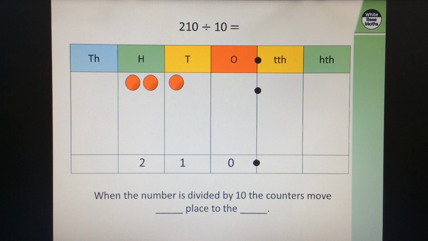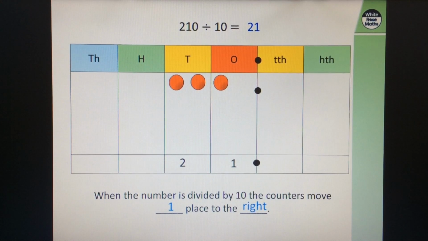So let's move all of our counters 1 place. Well, we haven't got any ones, so we can just ignore that one. But we can move the 10 and we can move the 200s. Okay, so we don't need to put a 0 after the decimal point. Okay, we can give our answer as 21. So when our number is divided by 10, the counters move 1 place to the right.